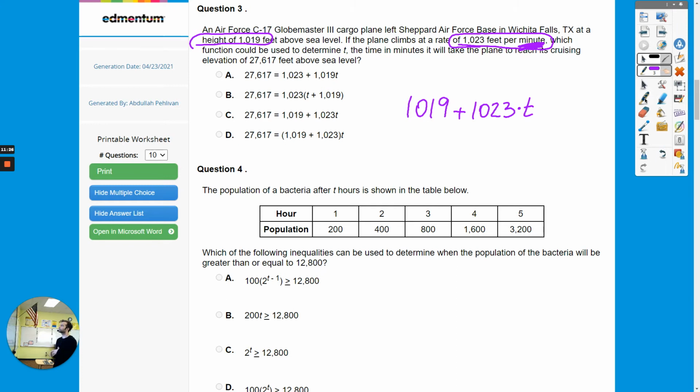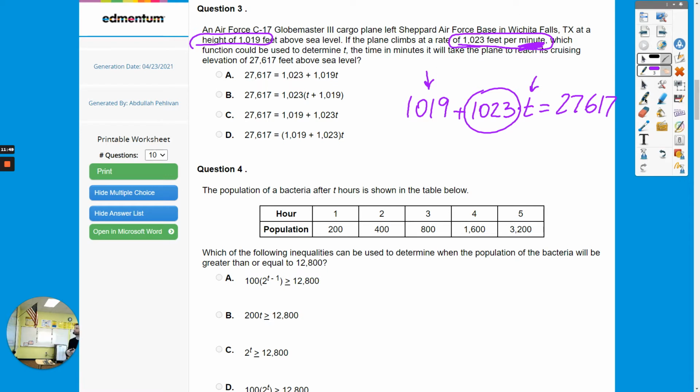It reaches its cruising elevation of 17 feet. The total height is going to be that number. So this is initial plus for every t minutes it's going to get higher. The total is going to be this number.